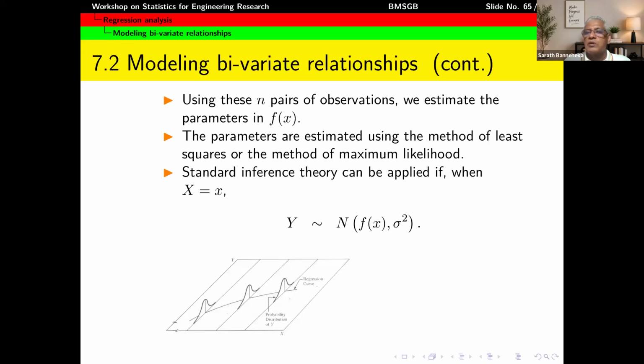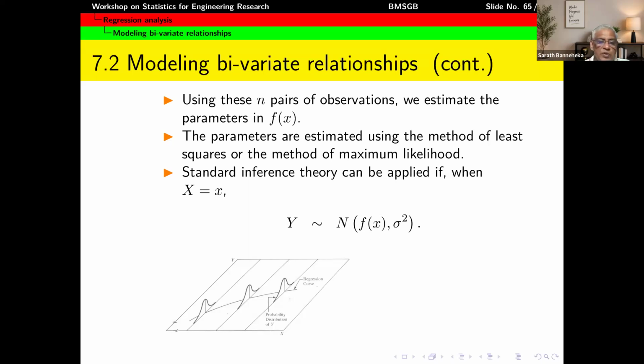So one important assumption that we have to make in order to carry out those F tests and t tests is the assumption that for a given, fixed value of x, the distribution of y is normal with mean equal to f(x) and some variance.